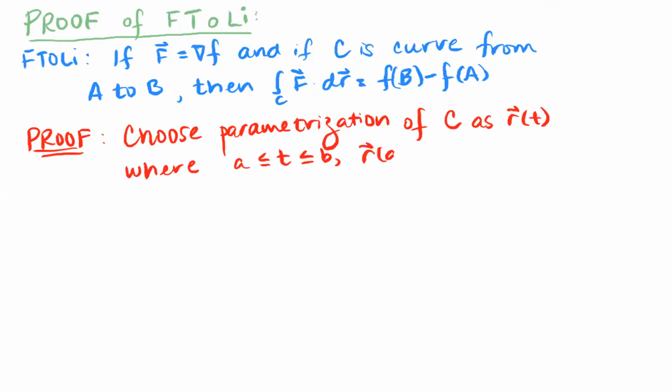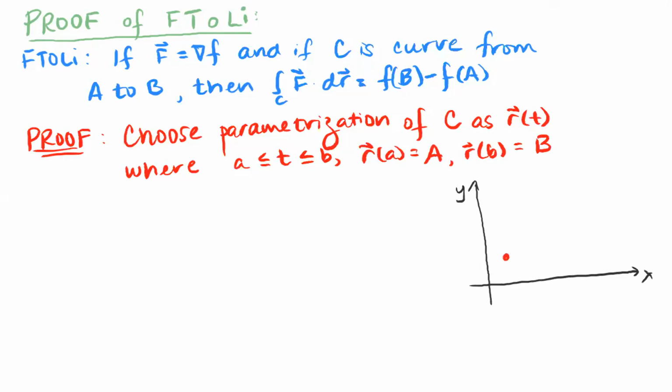Given r of a, it would be point A, and r of b would be point B. So we've got something like this, X, Y. Again, I'm illustrating a two-dimensional case, but this does apply in n dimensions.